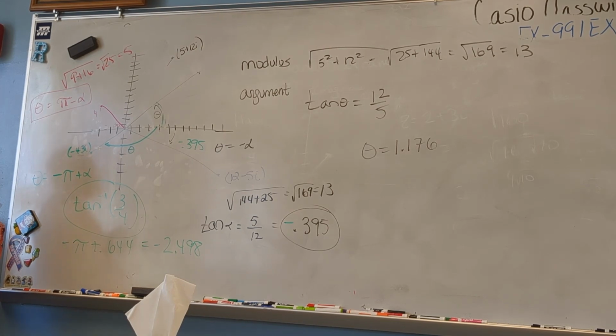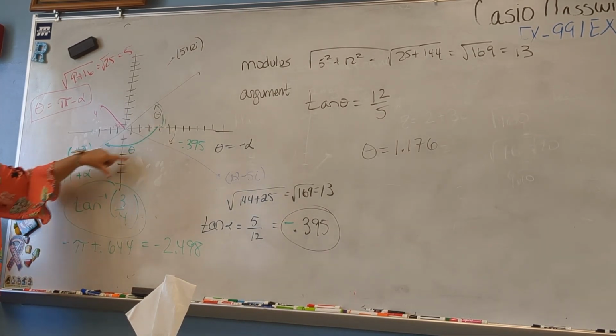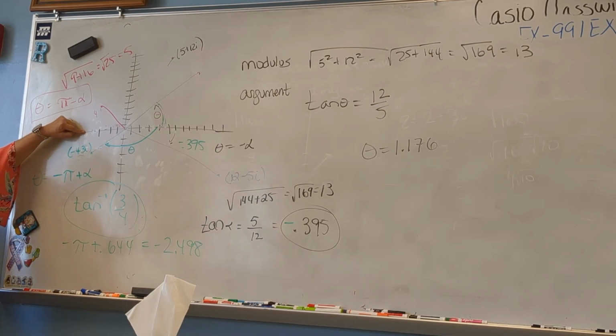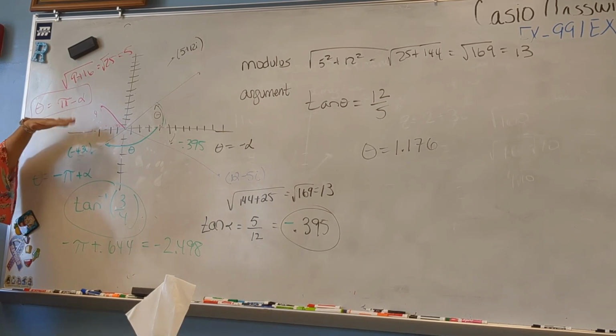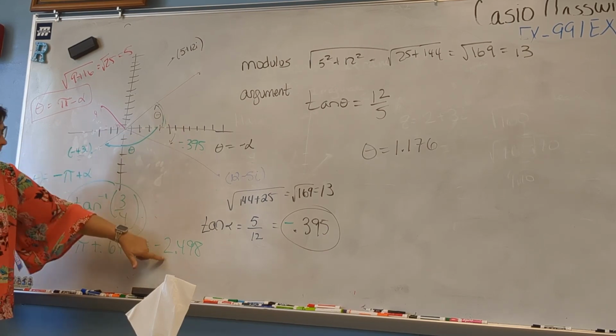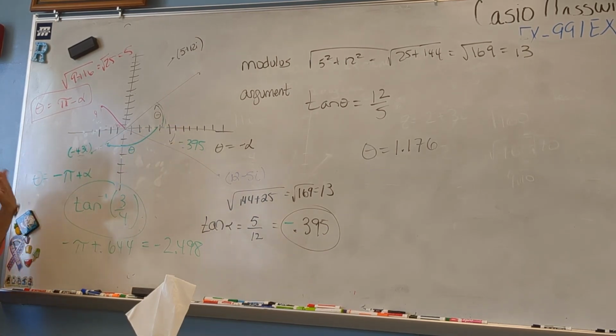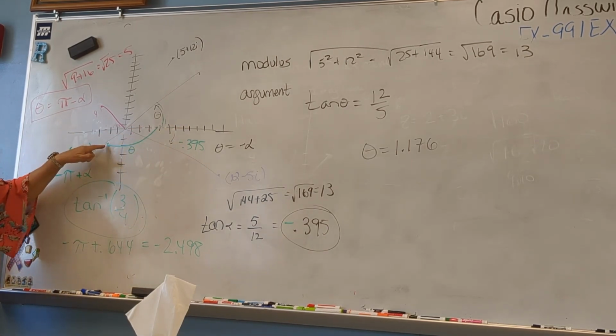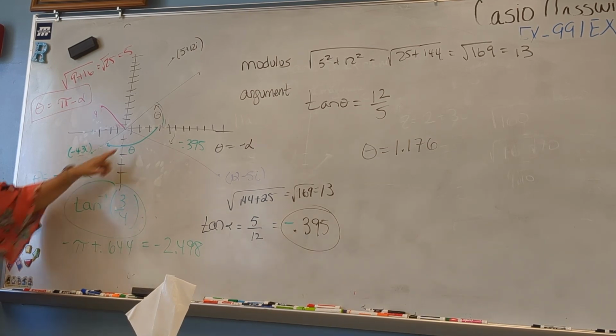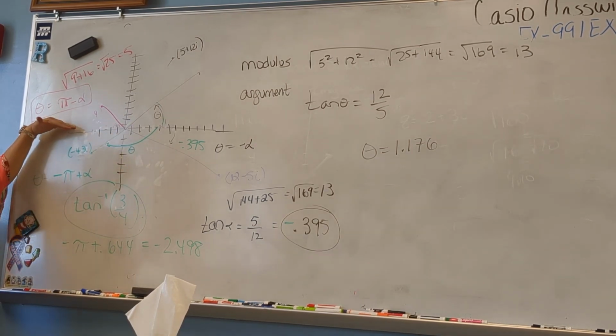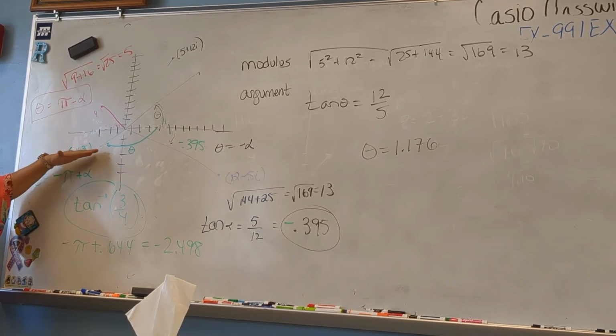What is pi equivalent to? 3.14, right? So from here to here would be negative 3.14. Right, so we know we're going in the negative direction. Is negative 2.498 makes sense? It's going in the correct direction, and it's bigger than pi over 2, smaller than 3.14.